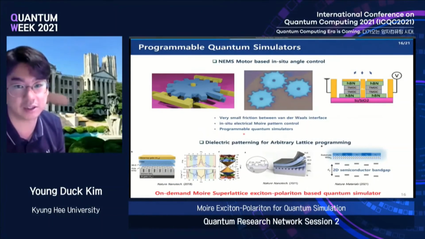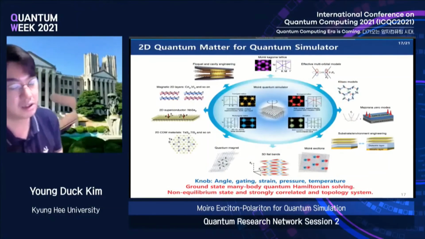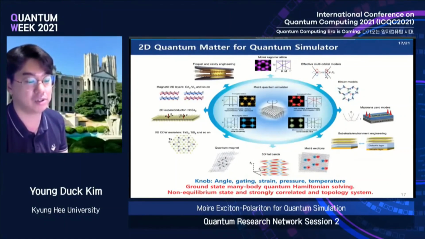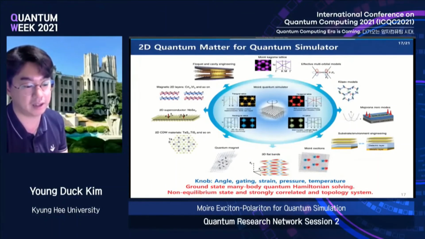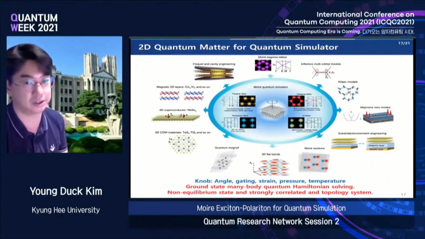In this case, it is hard to realize with a Moire superlattice. So in this case, we can use direct substrate patterning, like the graphene superlattice structure.